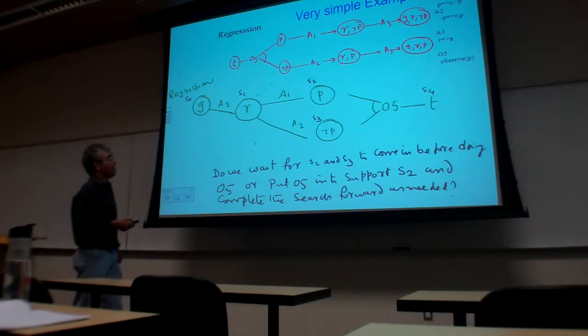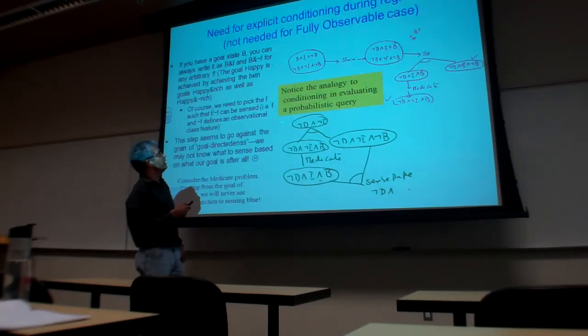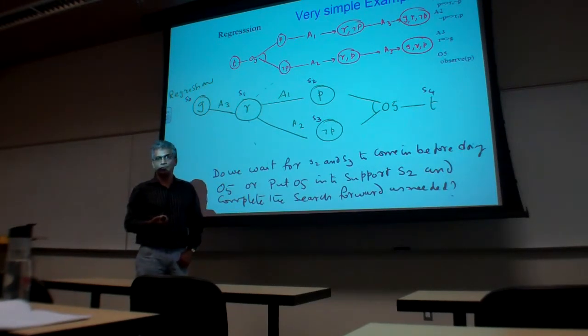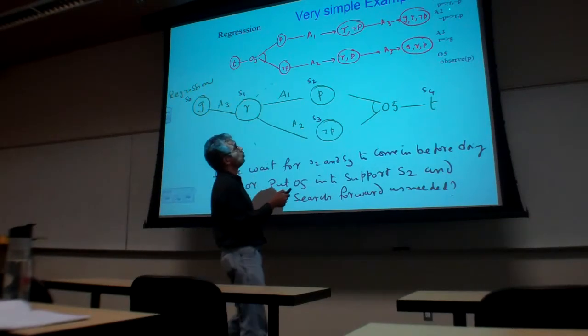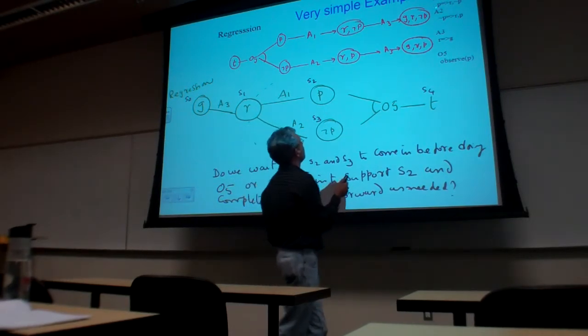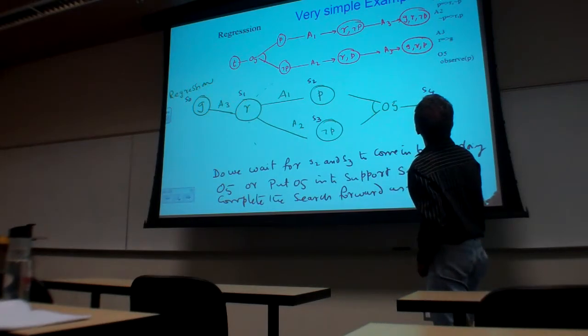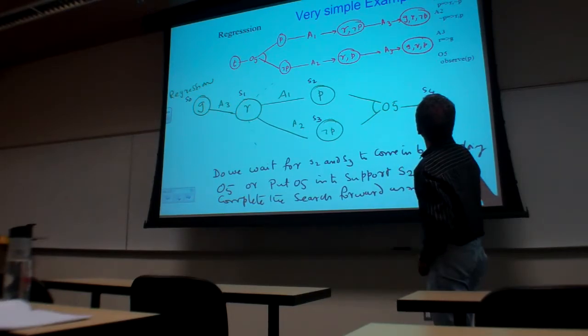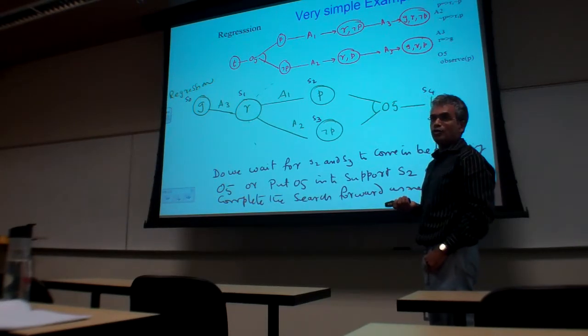Okay. And then from R, if I do A1, I can get P, because over A1, A1 will give me R, but it requires P to be true before.